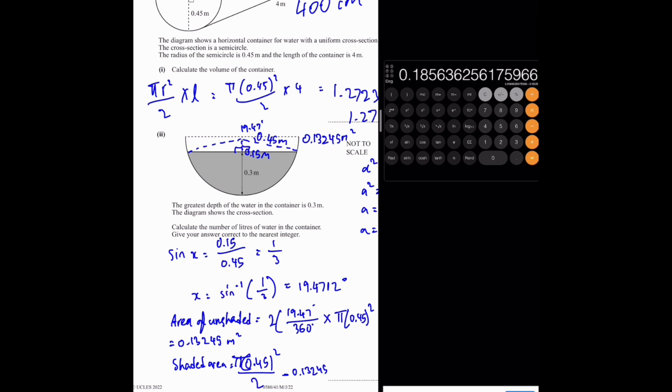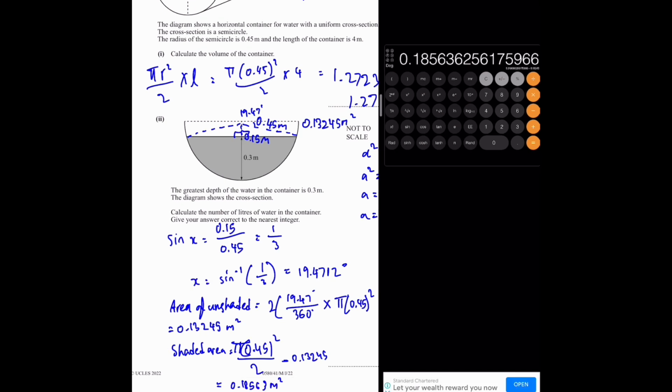That'll be equal to 0.18563 meters squared. And then when we find the full volume in centimeters cubed, we need to multiply this cross-section area by 4.